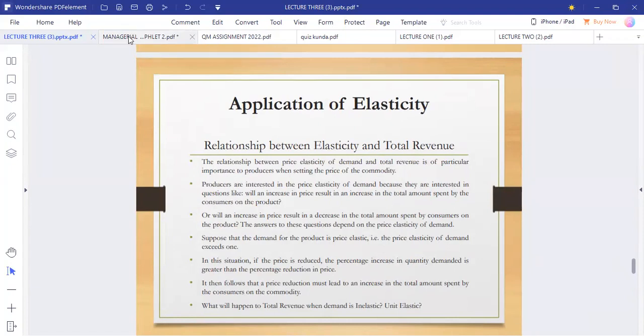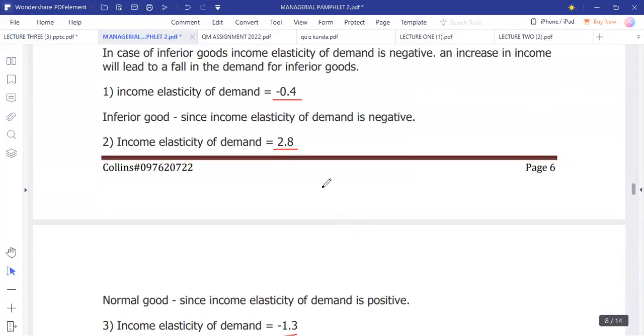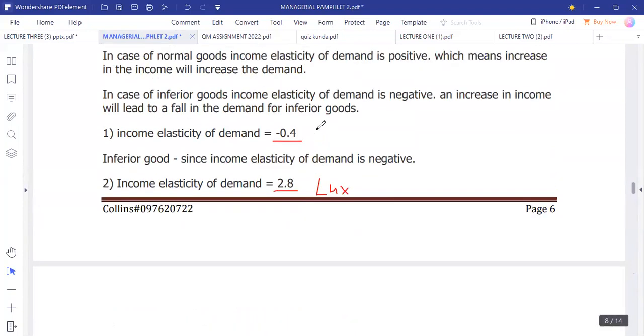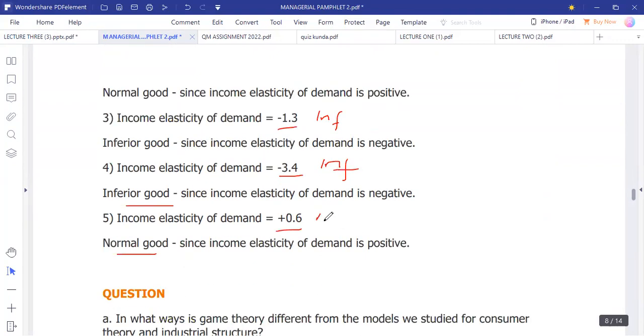So more than one, yes, the elasticity. So which one is a luxurious here? Luxury. This one is inferior. This one is inferior. This one is a normal good, but it's a necessity.